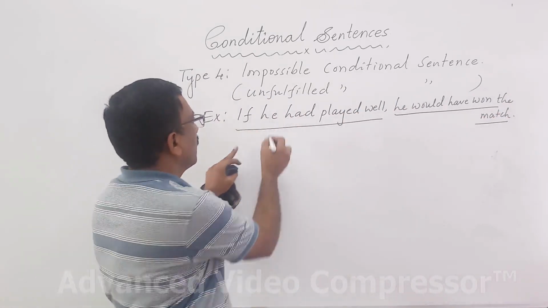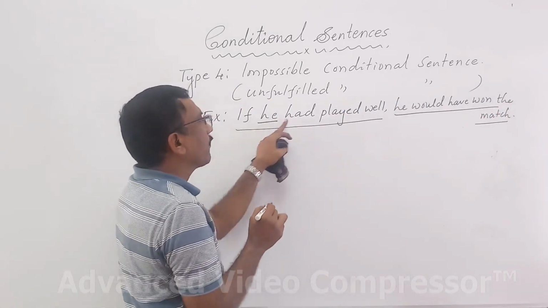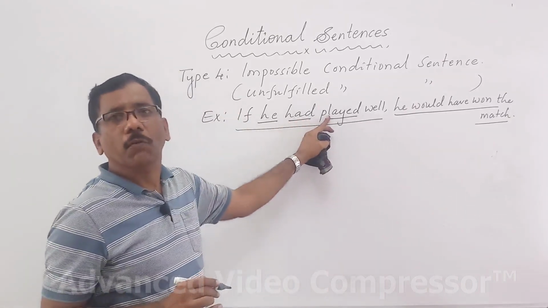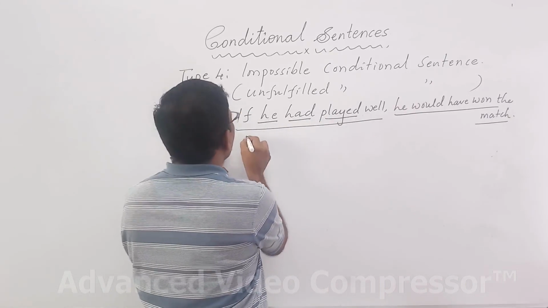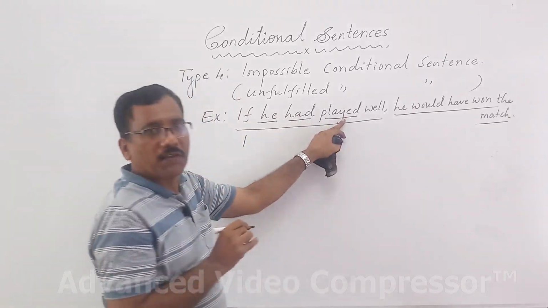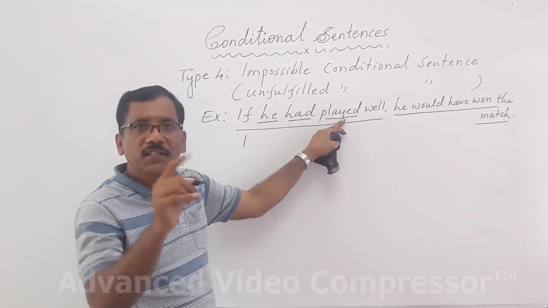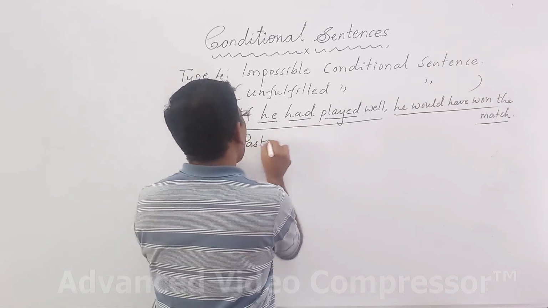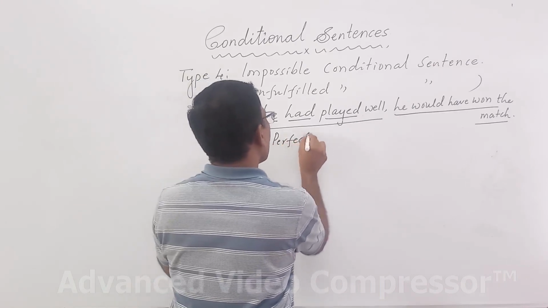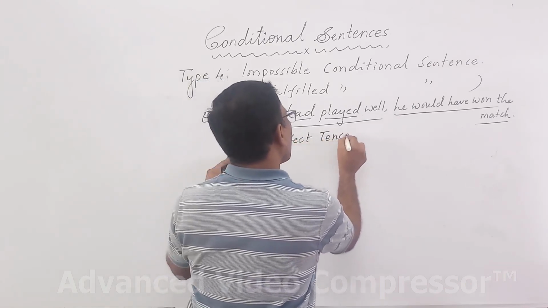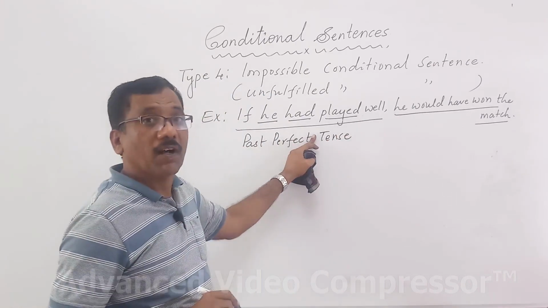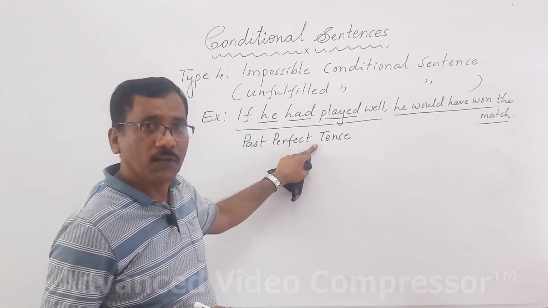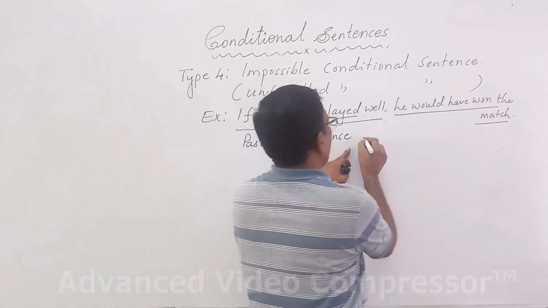In the conditional clause, subject is he, helping verb is had, played is past participle form. Please remember, this is had plus PPF. Had plus PPF is a sign of past perfect tense. The conditional clause is in past perfect tense.